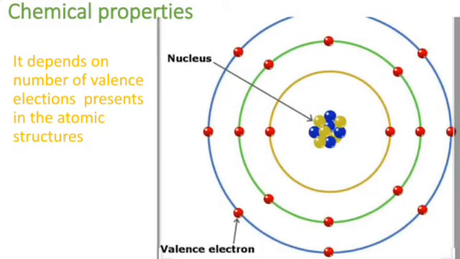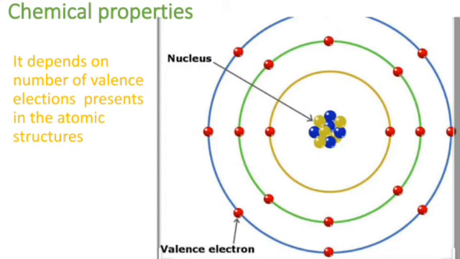Let's check the chemical properties. Chemical properties depend on the number of valence electrons present in the atomic structure. Now this is how the structure looks. The electrons which are on the outside shells are equal in number to the protons, which are the blue ones in the nucleus.